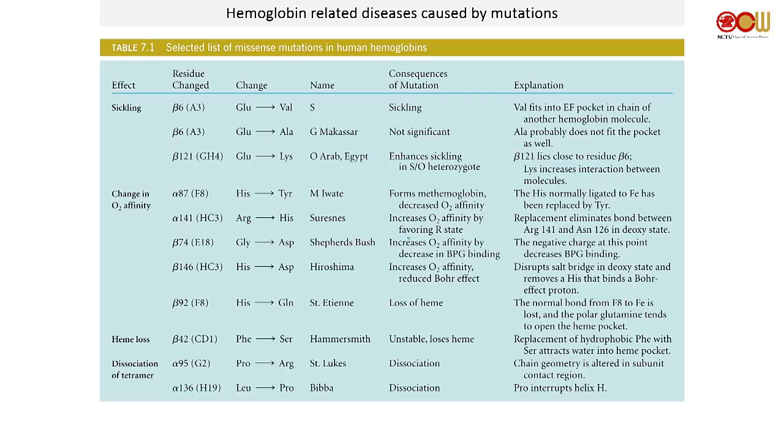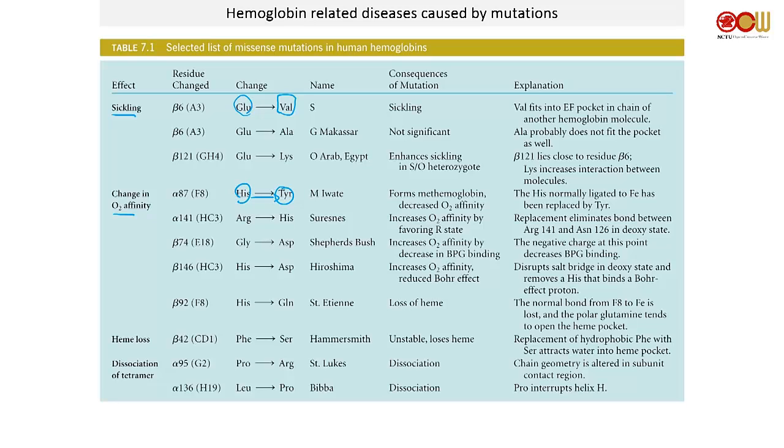Okay, for example, sickle cell anemia. Sickle cell anemia is caused by a mutation of that glutamate to valine, and we'll see that in just a minute. And you can have other effects, for example, change in O2 affinity. That's when you have altered amino acids. Always you have some kind of amino acid change, and then you have decreased function or a mutated function.